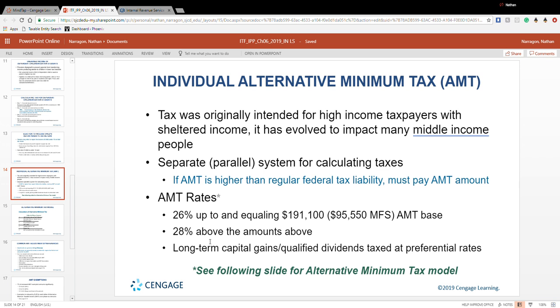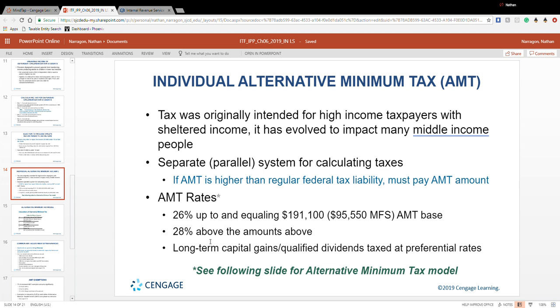It actually evolved in a way that impacted a lot of middle income people, and this tax has become very mean in the way that it works. A lot of people don't like it. In fact, I know it has been up for legal debate to try to get rid of the alternative minimum tax. The only reason it doesn't go away is because it still makes high income people pay.